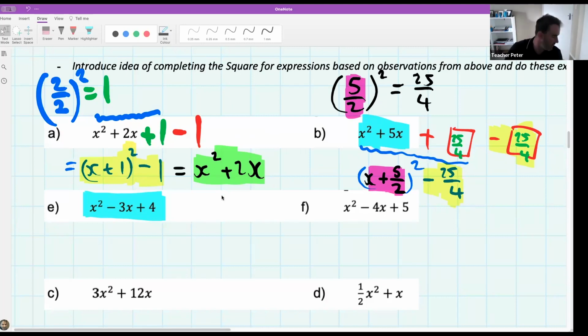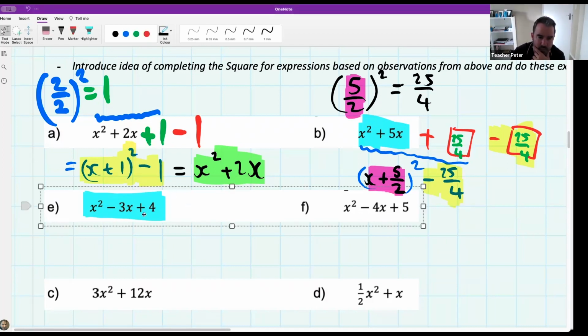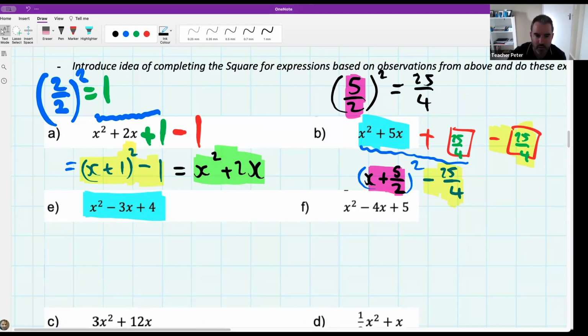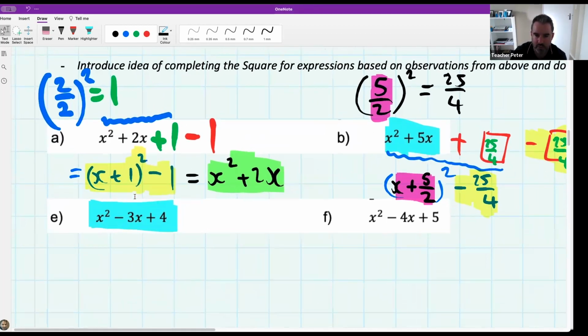So ask yourself, to complete the square, what do I need to do? We hone in on this minus 3, but I have to do something to that minus 3. Let me make it a bit bigger so everyone can see.